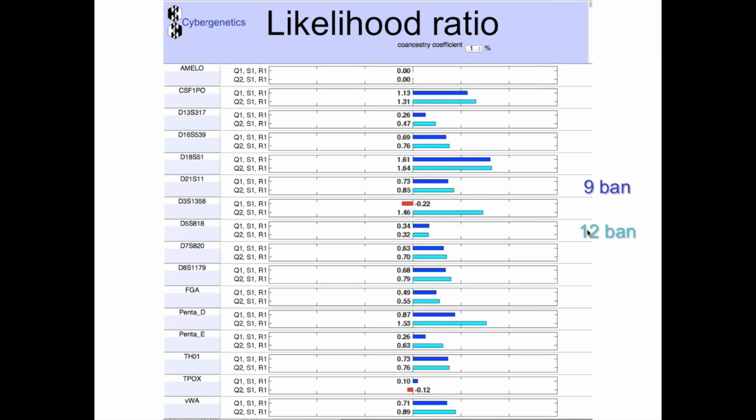Overall, the improvement wasn't that dramatic, except at that one D3 locus. And in fact, that's what we see. Considering degraded DNA in TrueAllele will typically give an improvement of maybe a band or 1 band, but it's not dramatic. You typically don't get a difference of 6 band or a factor of 1 million.